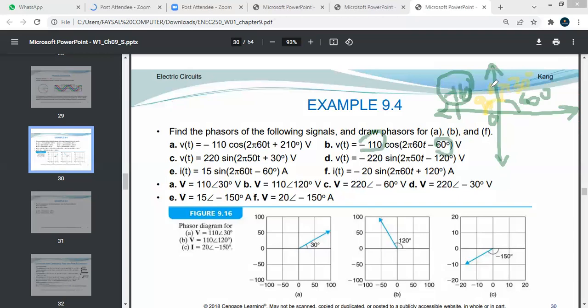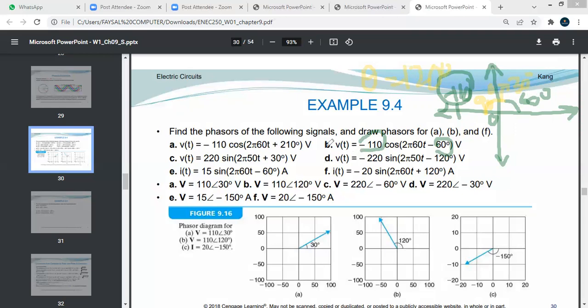So for this system, my shift is lag. There is a lagging in my system, and lagging of what? 90 plus 30. So this theta will be equal to 120 degrees, or this is basically known as the phase shift of 120 degrees, or phase lag of 120 degrees.